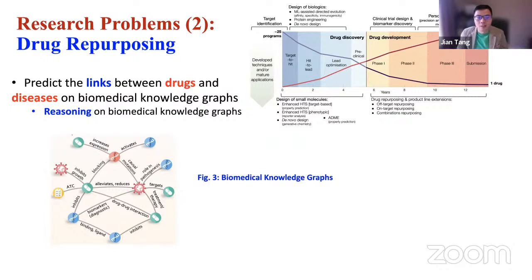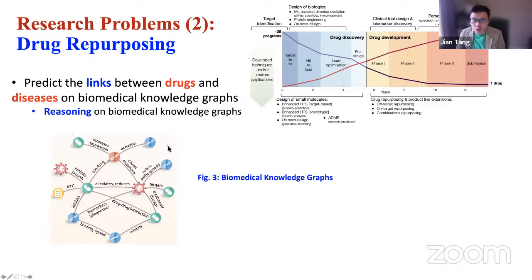There's an old drug which was developed for SARS-CoV-1. Because the two diseases are very similar to each other, potentially this drug could be used to treat SARS-CoV-2 as well. This is an intuitive idea of why we can use knowledge graphs to make reasonable predictions for drug repurposing.